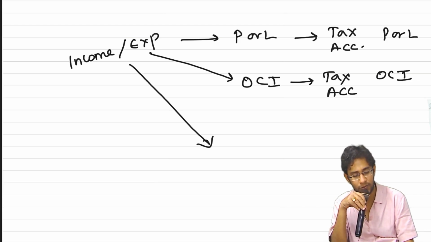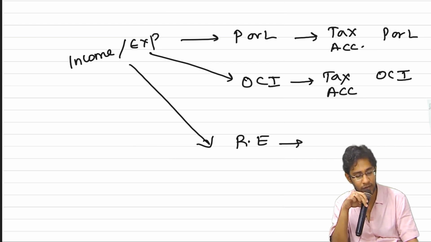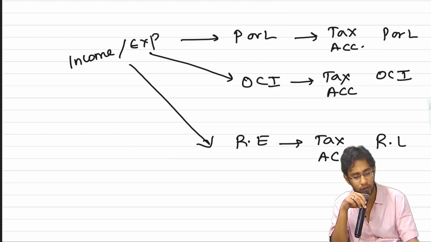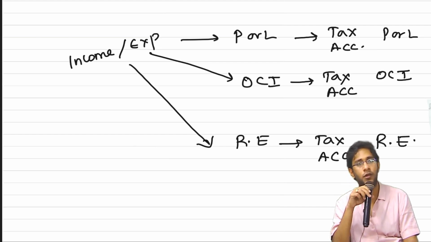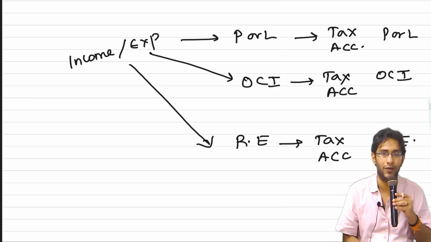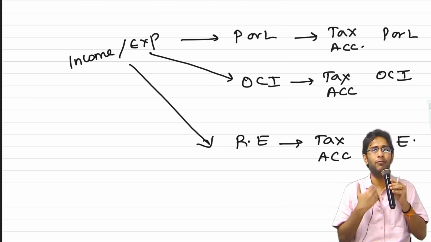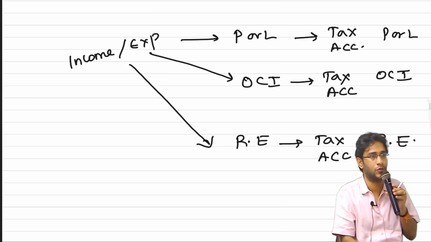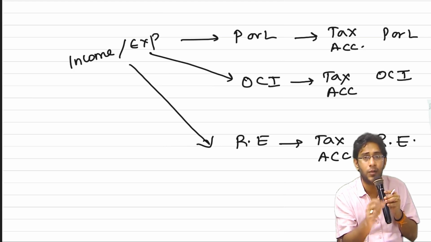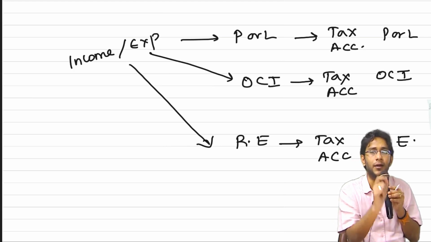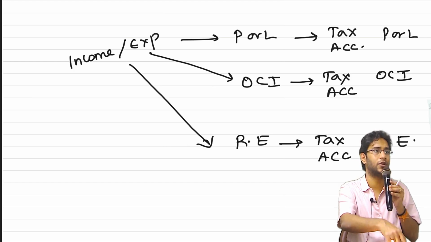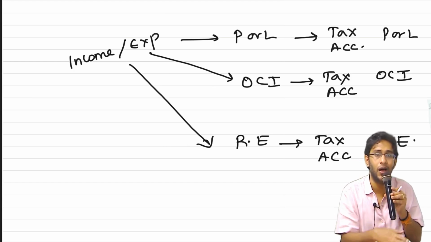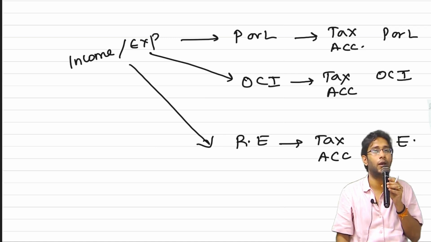If income or expense is recorded directly in retained earnings, reserves and surplus, then the tax relating to that income or expense should also be done in retained earnings. So if I ask you what is the entry for creation of DTL, generally we may say P&L to DTL for normal discussion purposes. Case to case, you have to see where the related income is accounted. If that related income is accounted in OCI, you have to create the DTL via OCI, not via P&L.